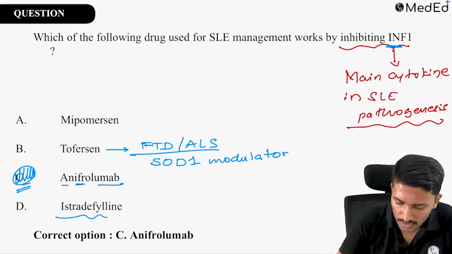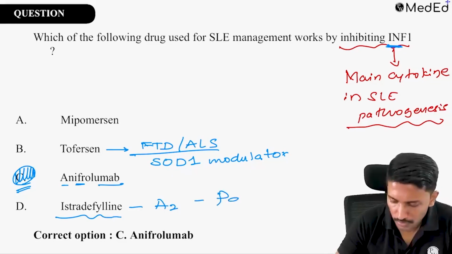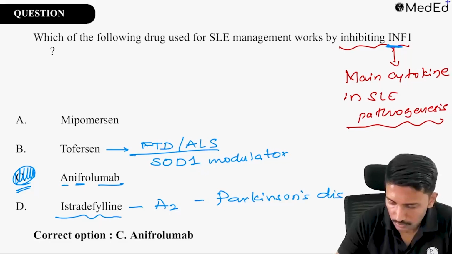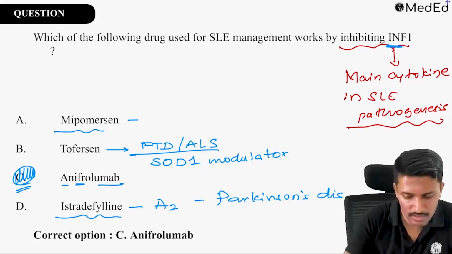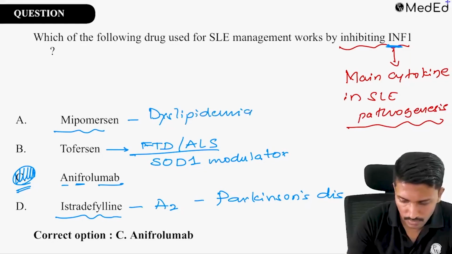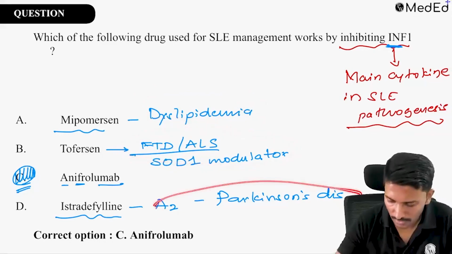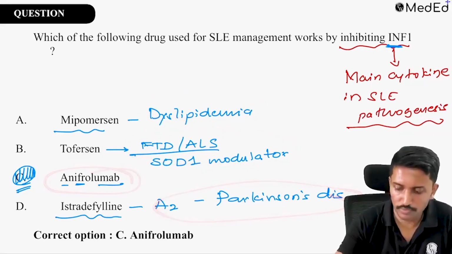Okay. Now istradefylline acts through adenosine 2 receptors, and it is used for patients with Parkinson's disease. It is for patients with Parkinson disease. Mepomycin is for dyslipidemia. Right, so one monoclonal antibody for lipid disorder, one for a neurological disorder, another for a neurological disorder, anifrolumab for SLE.